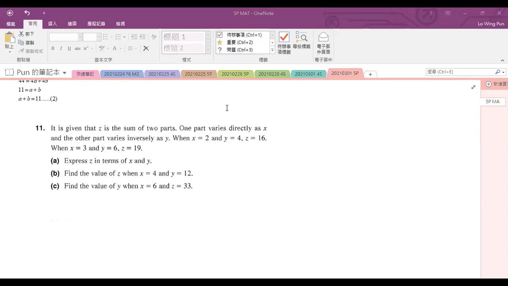Where A and B are not equal to 0. And then there are two groups of numbers. So when X equals 2, Y equals 4, and Z equals 16. So we put this group of number, X equals 2, Y equals 4, and Z equals 16 into our equation. 16 is equal to A times 2 plus B over 4. Okay, so 16 is equal to 2A plus B over 4.